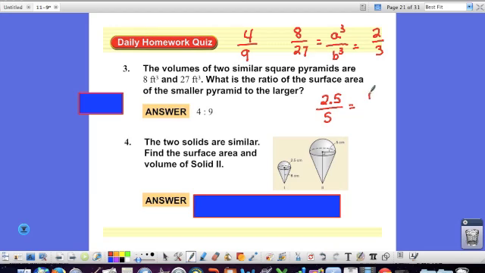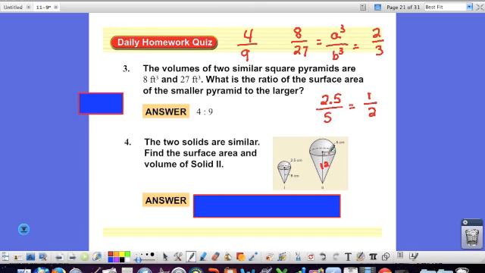So that's a scale factor of 1 to 2. Okay? So I'm going to do this a few different ways. I'm going to use this to find this is 12. And since they just want the solid surface area, I'm going to use this factor, and I'm just going to go ahead and solve.